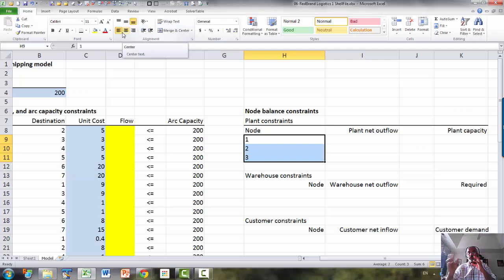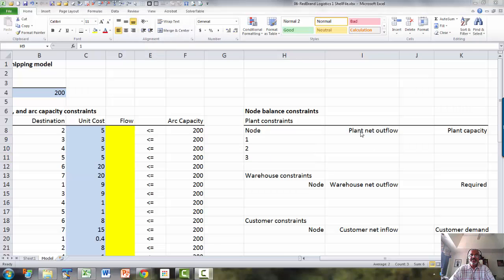So we have to calculate the net outflow. What is the net outflow? We have to look at how much is going out minus what comes in. That is our net flow. That should be less than or equal to the plant capacity.